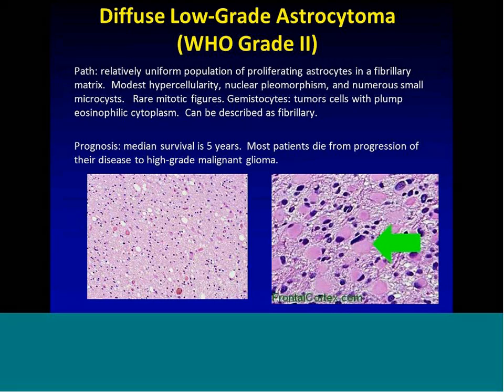This is usually associated with low-grade tumors that tend to have a more aggressive picture, the ones that are more likely to transform to a more aggressive type of tumor. The median survival is about 5 years for these tumors. You don't want these patients to transform to a higher grade tumor.